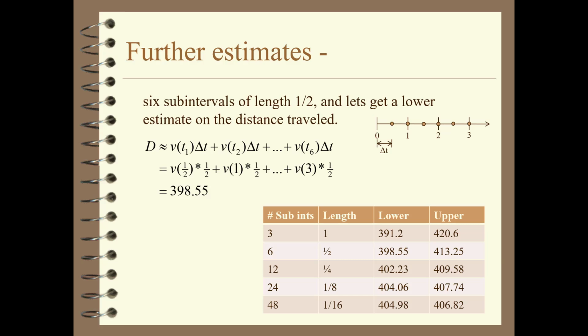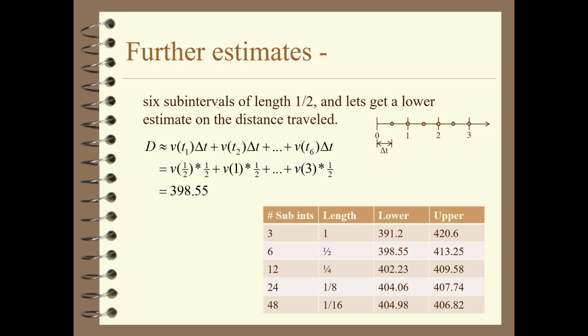By always picking the rightmost time value, that would give me a lower estimate, which is 398.55, as I have already done on this particular slide. But the upper estimate, by always picking the least time value in any subinterval, would give me 413.25. The important thing is to notice that by going from 3 subintervals to 6 subintervals, these 2 numbers, the lower and the upper, are getting closer together.